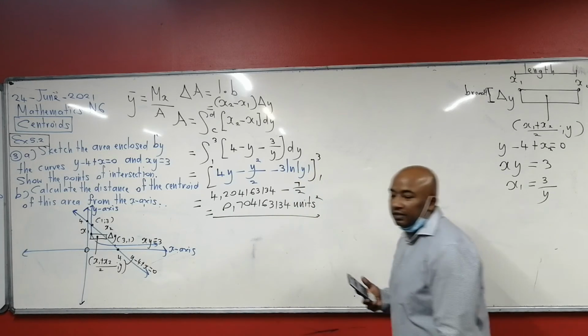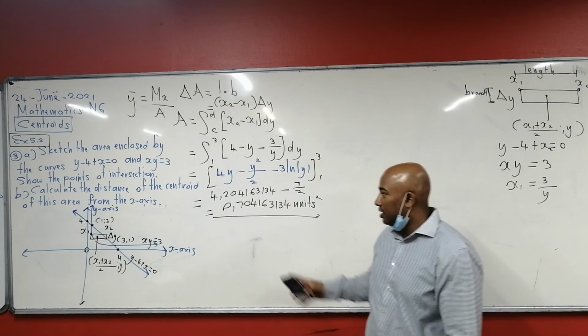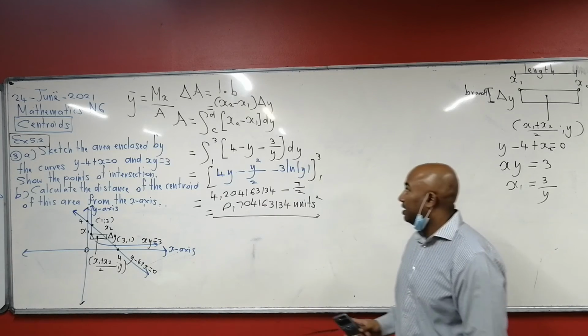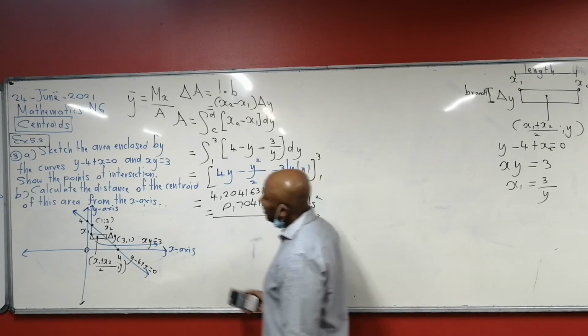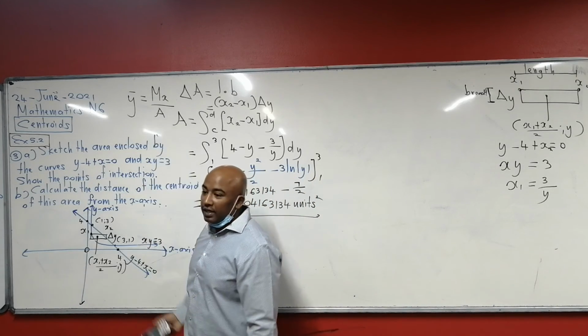That's your area. There's no rounding off here. You do not round off this here. This is not the final answer. Okay. What we just worked out now is area.